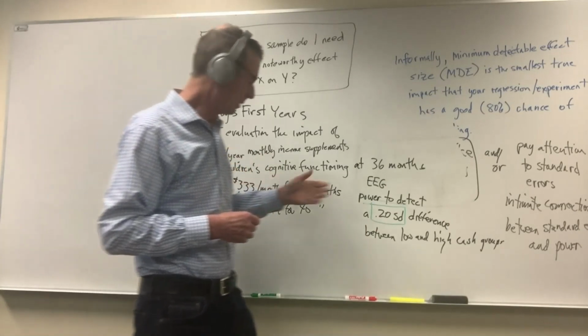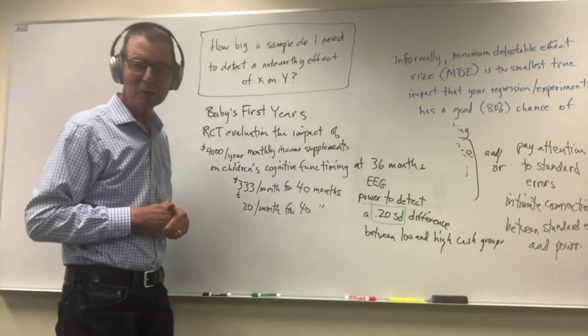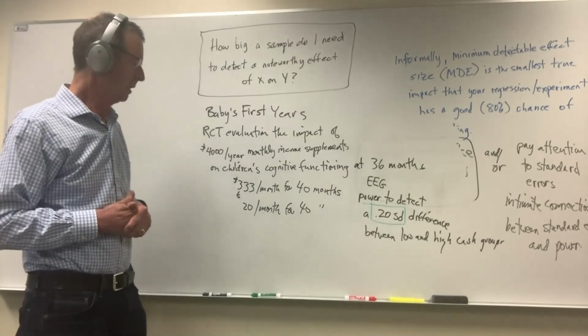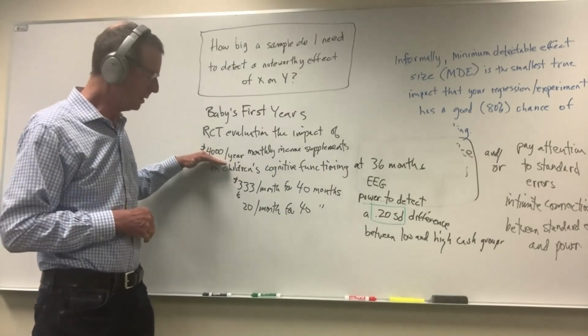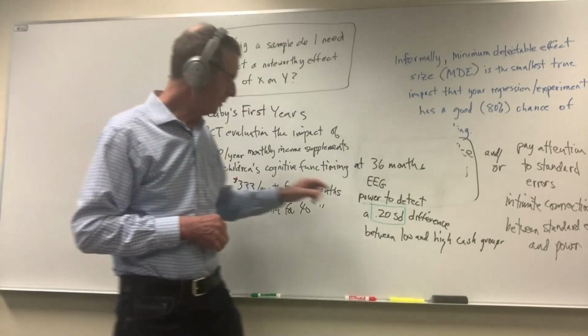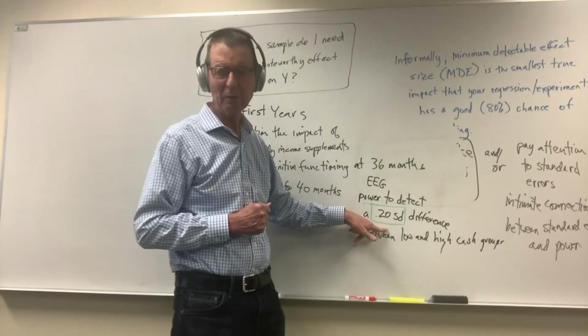And the difference was about 0.06 standard deviations per $1,000 of additional income. So with a $4,000 per year supplement, that translates into about a 0.20 standard deviation effect size.